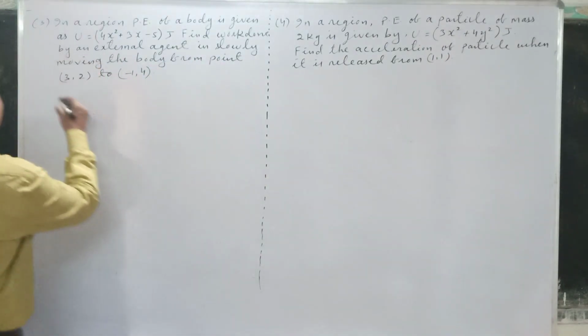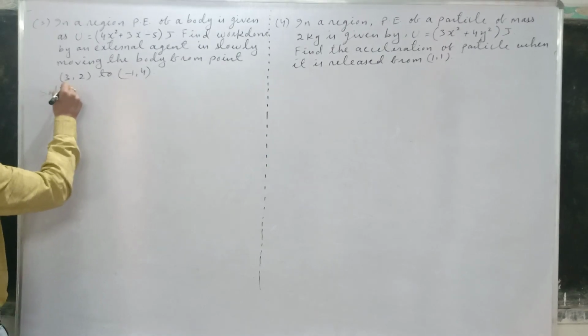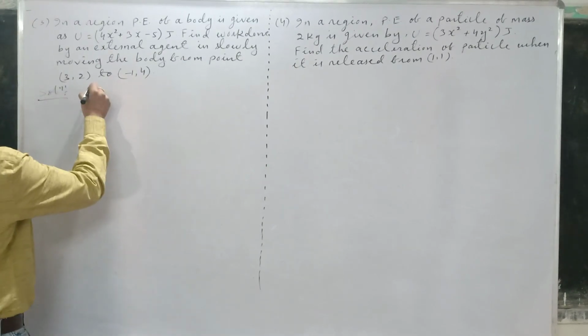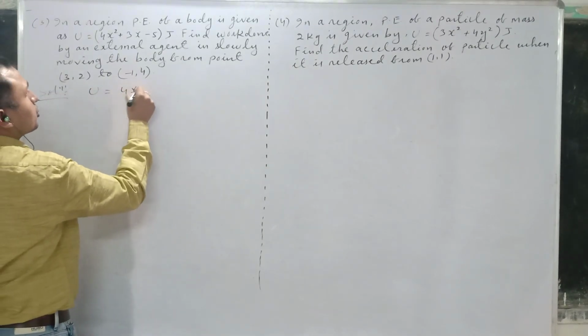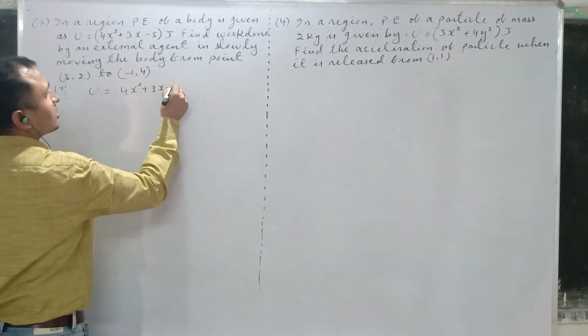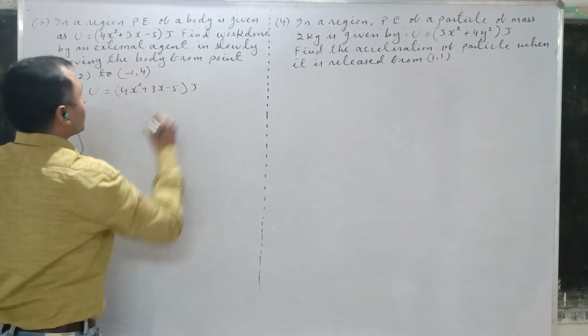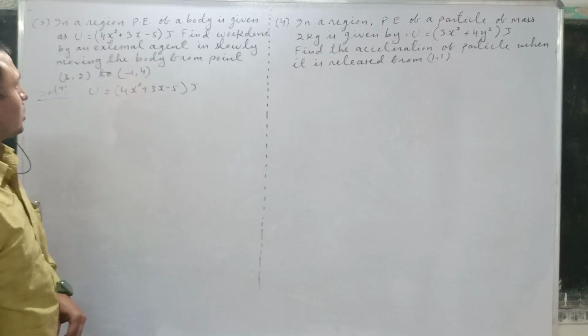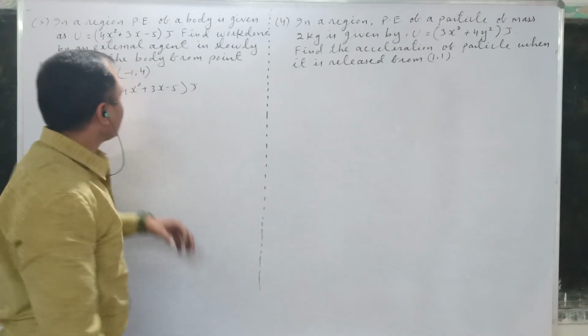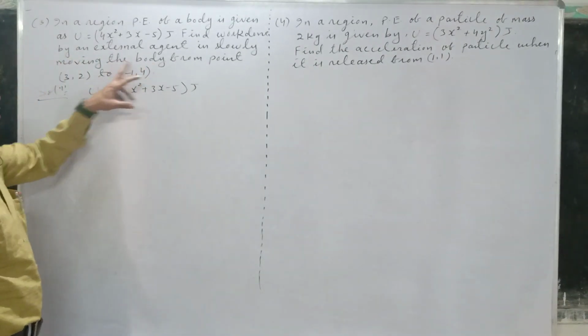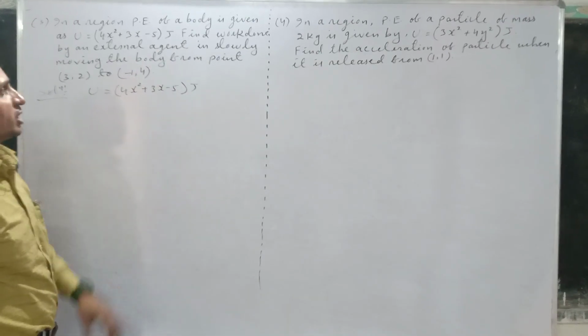Yes. So if we want to do this, then we know potential energy is given as 4x square plus 3x minus 5 joule. This is the potential energy, 4x square plus 3x minus 5. Yes, and I want to find out the work done by the external agent.